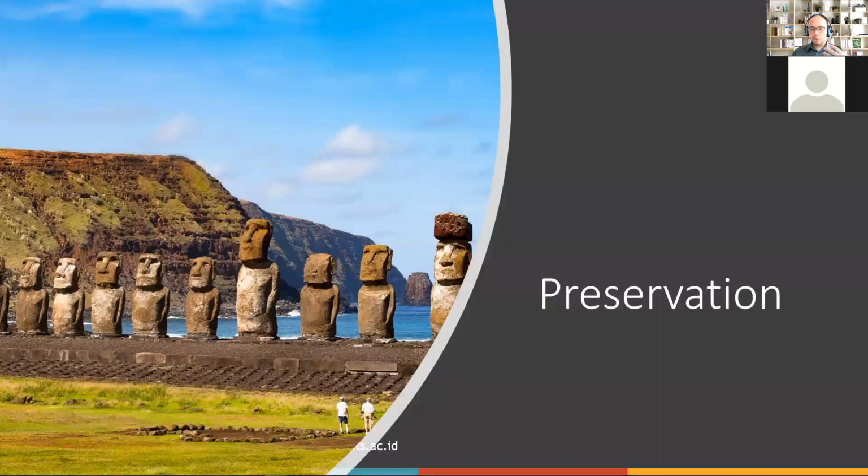Preservation is a design strategy that involves taking actions to sustain the existing form, the existing integrity and the materials of a historic property. Let's say the statues and the heads that you find on Easter Island, or the pyramids of Giza, for example.